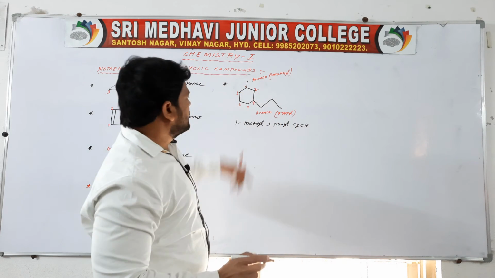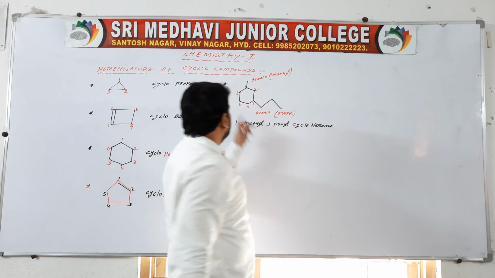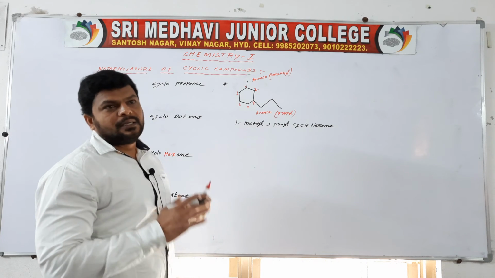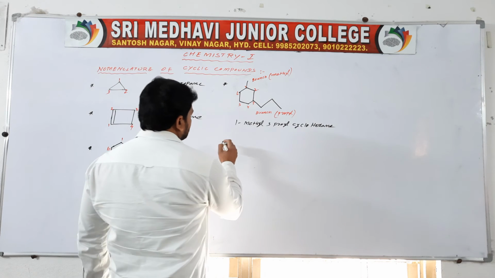How many carbons in the chain? 6. Hexane. All are single bonds. If it is a double bond, then we have to write hexene like that. Okay. Next, one more compound.